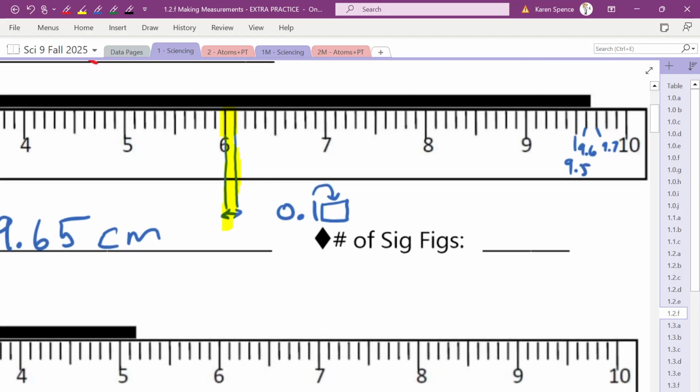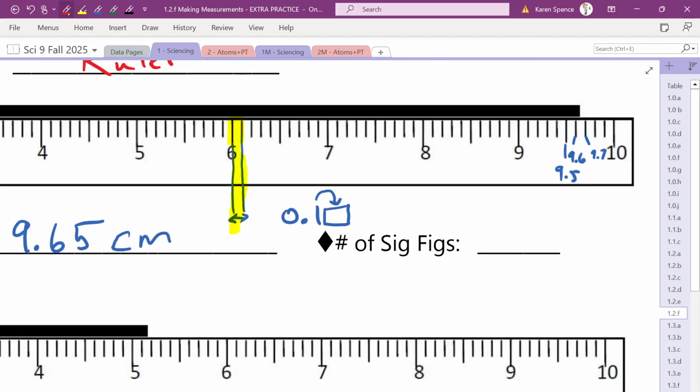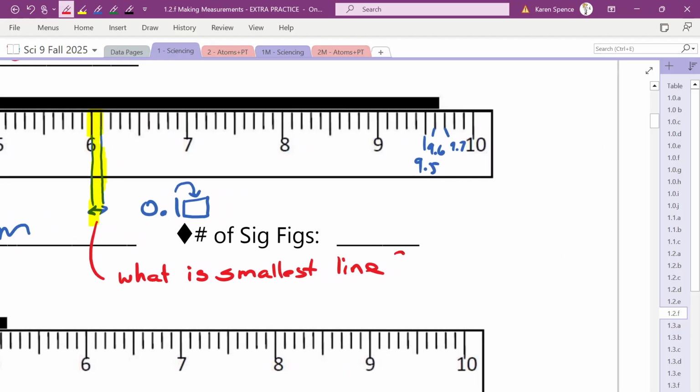You're going to know what the smallest line is worth. And then you go 1 more decimal than that. Okay? So what's the smallest line? Go 1 more decimal than that.